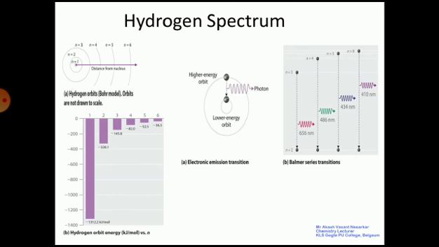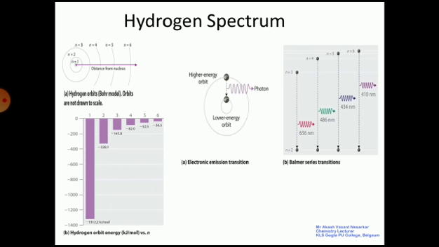Next, hydrogen spectrum. In the last class we have studied about the spectrum, that is emission spectrum, absorption spectrum, continuous spectrum and line spectrum. So line spectrum is very important in order to understand the hydrogen spectrum. So what is a hydrogen spectrum?